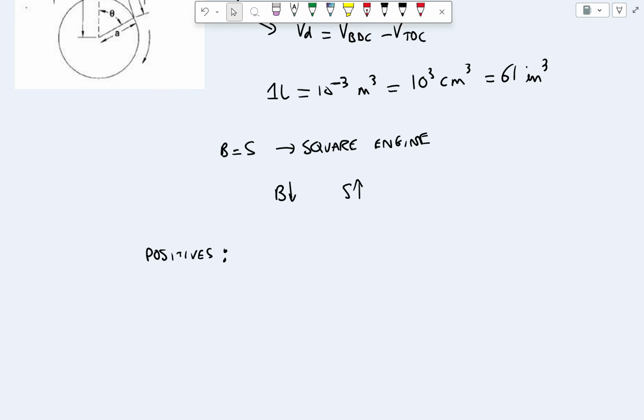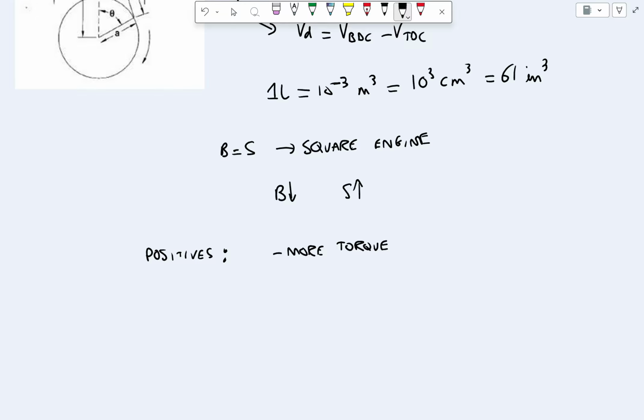So first positive is that we have more torque, okay? And this is because torque is directly related to the length of your stroke.